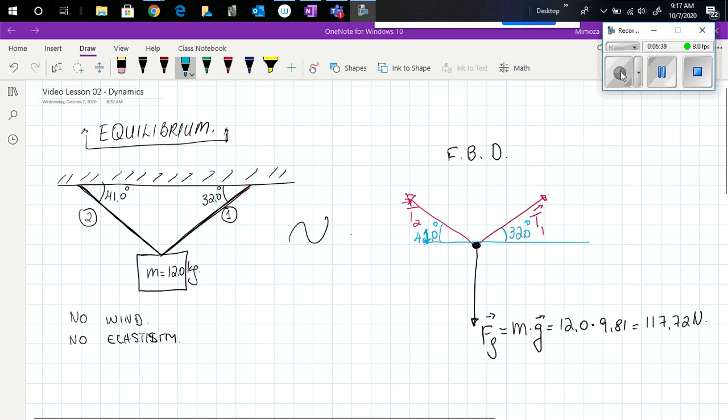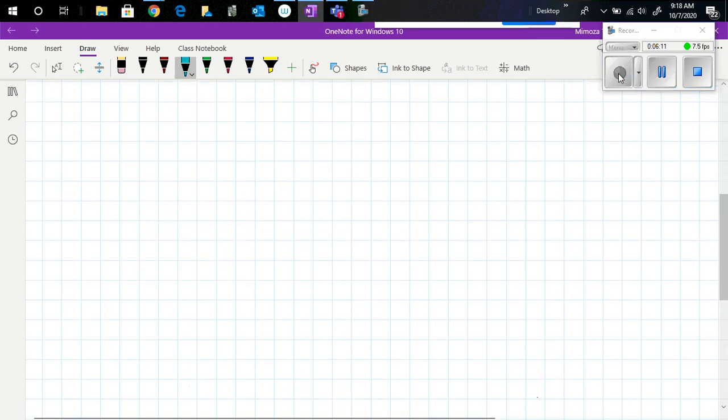Now, since the object is in equilibrium, it's not moving. That gives us the right to say, based on Newton's first law, that force net is equal to what? On the chat. It's equal to 0. But what did we say about force net?